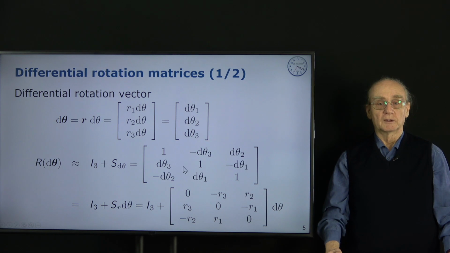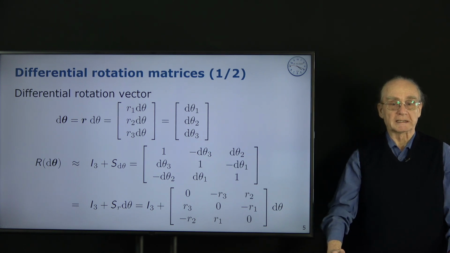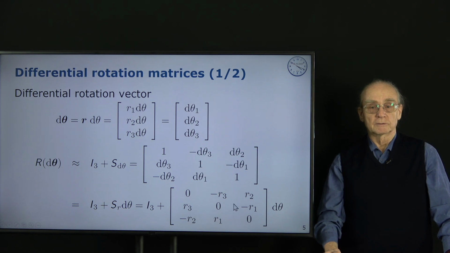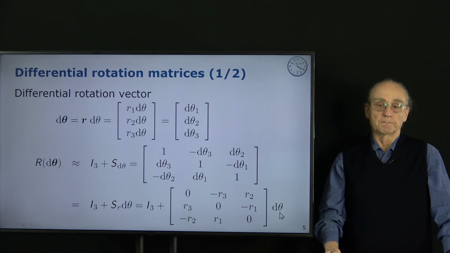So we have here a matrix with 1s on the diagonal and the skew-symmetric part sitting on this part. Now, if you take the representation with rotation axis and angle, we can take the skew-symmetric matrix as factor and multiply with the differential rotation angle.